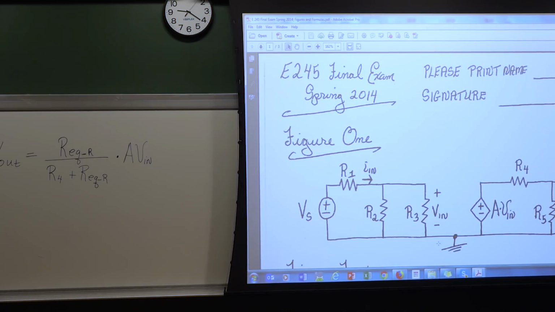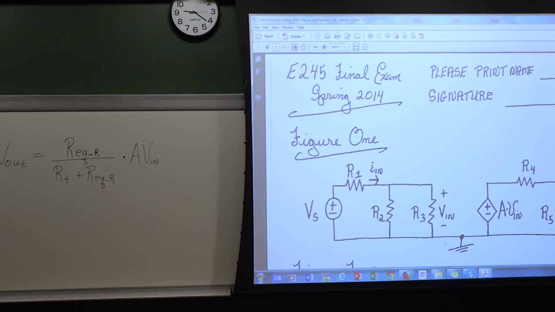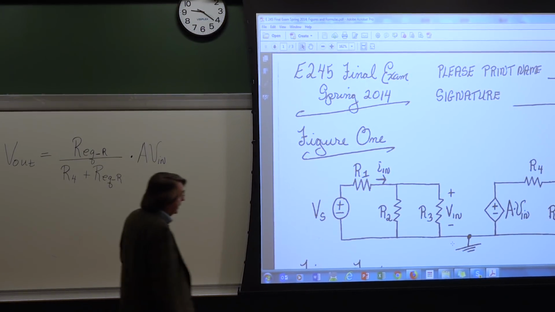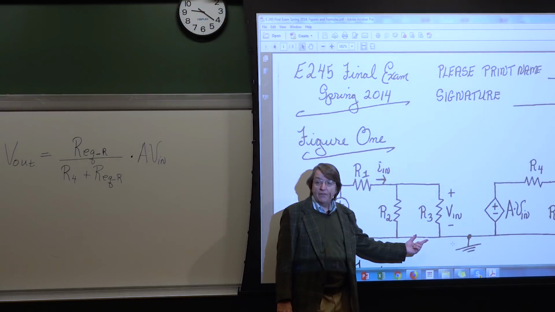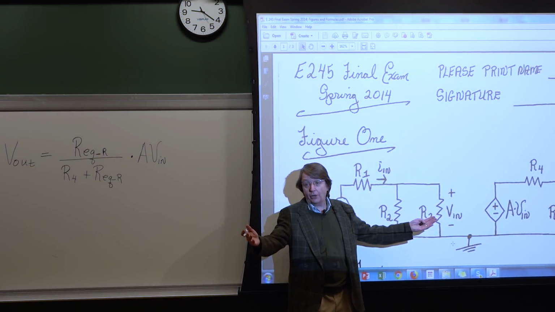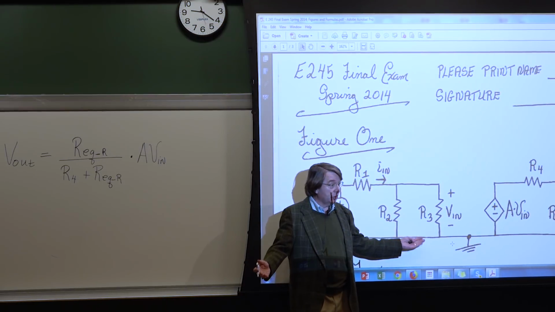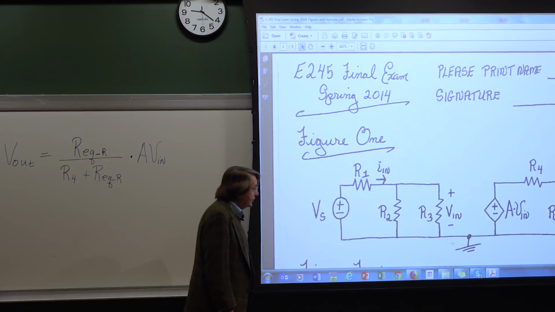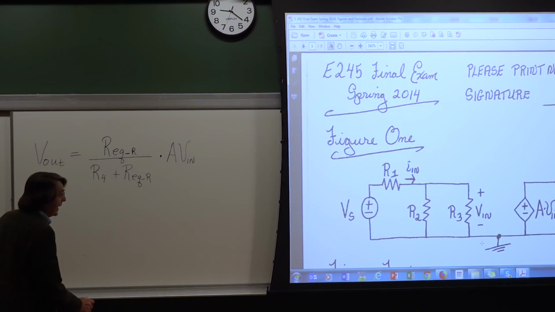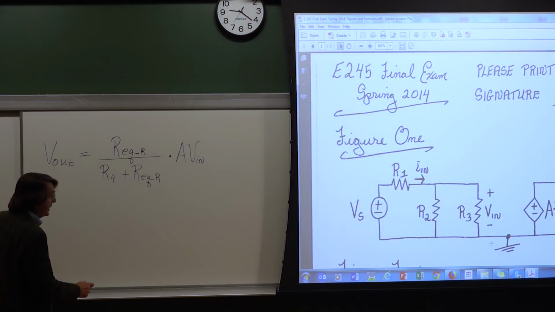So I'm asked to get V out in terms of Vs. So I say, okay, where do I see any chance of relating Vs and V in? I think it's the left side. Okay, so I now jump to the left side of the circuit, and I say, okay, I have R2 and R3. Again, in parallel, I think we're talking REQ left. So this is going to be product over the sum. So now I say, okay, how can I now get V in terms of Vs?